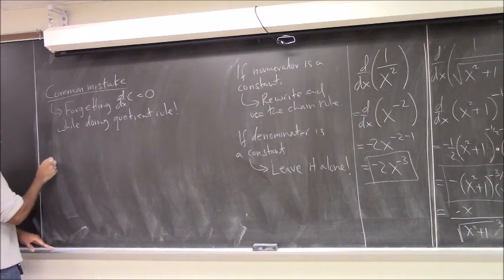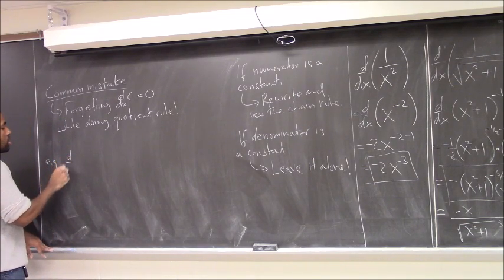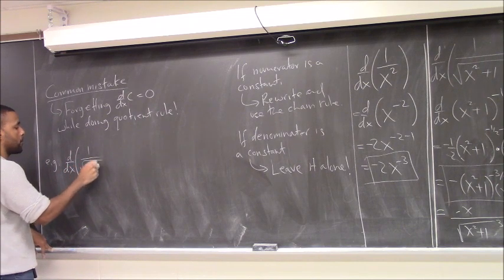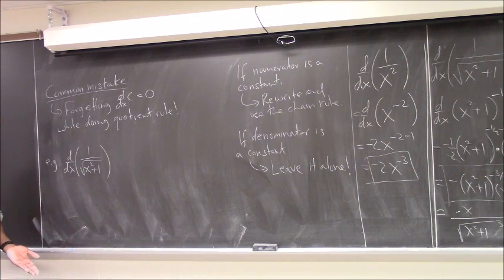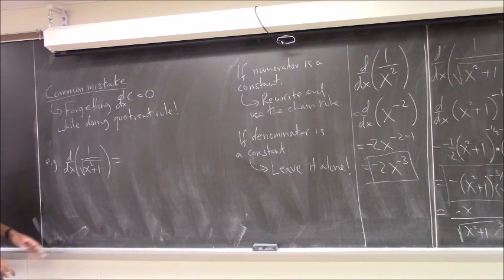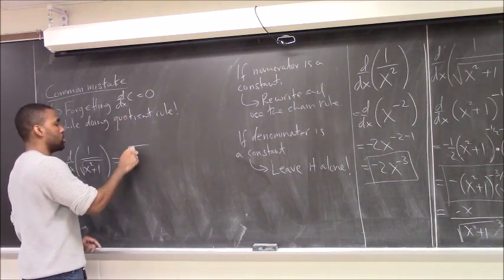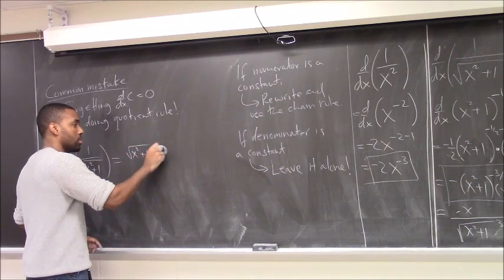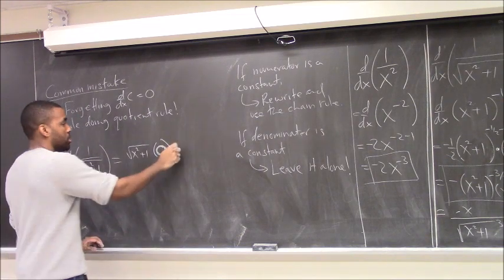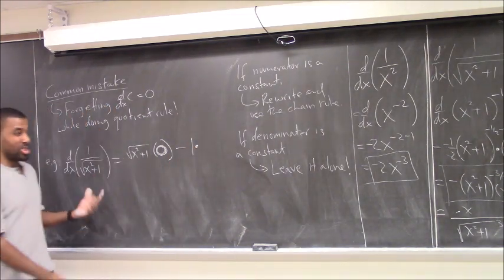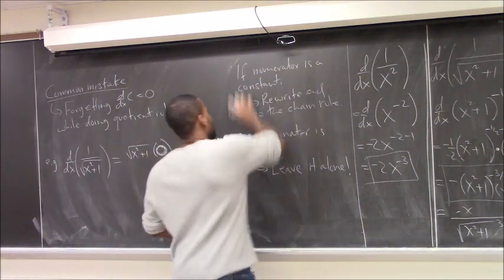So for example, let's say you wanted to use the quotient rule here. What would you do? It's the bottom times the derivative of the top, which is a 0, minus the top times the derivative of the bottom, where you're going to have to apply the chain rule in the power.